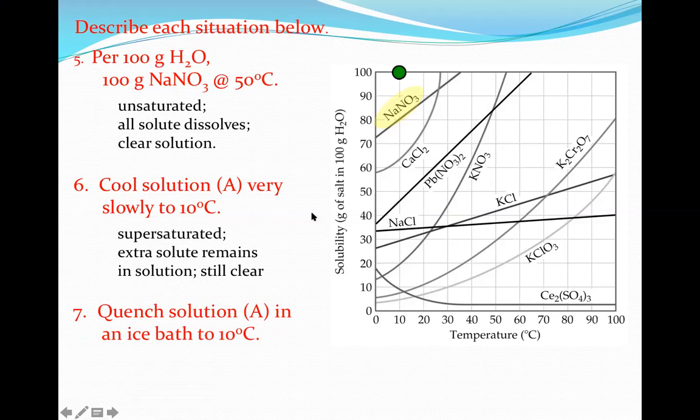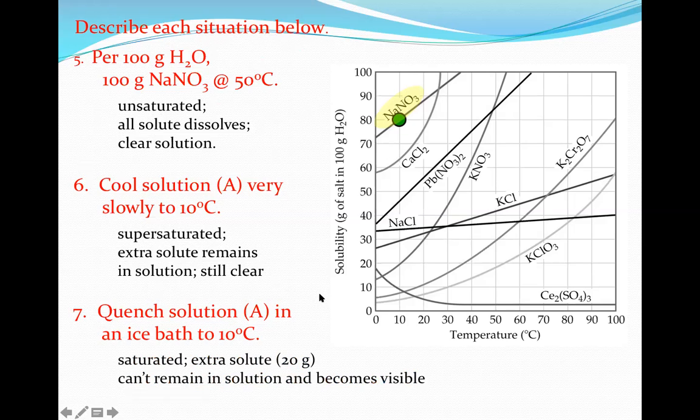All right, let's say that instead of letting it cool down very slowly, we're backing up. So we're going back to our 50 degrees Celsius, okay? Let's say that instead we put it in an ice bath, okay? We dunk it in some ice. We cool it down very quickly. Okay, we were not very gentle. In this case, it is probably going to end up losing some of its solute.